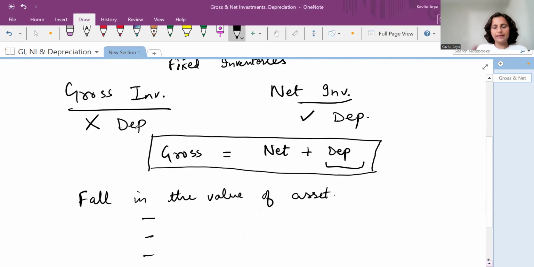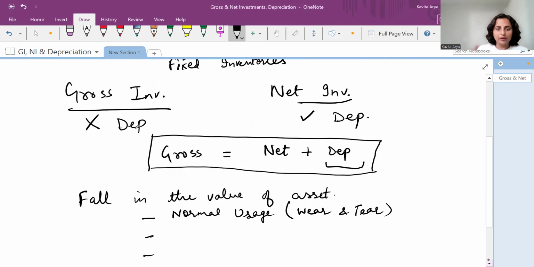Let us enumerate the same. First, the normal usage. Whenever we are using any sort of asset, any machinery, there would be some sort of wear and tear of the machinery. So the value of the asset falls down.